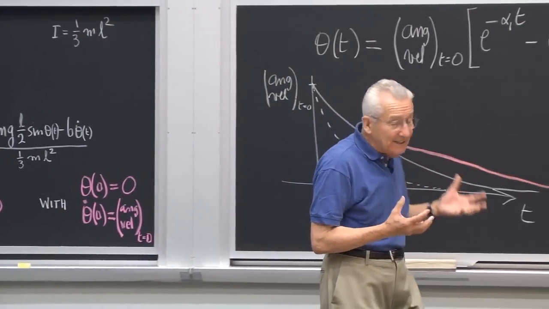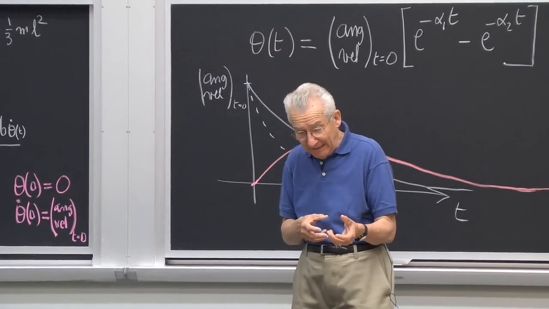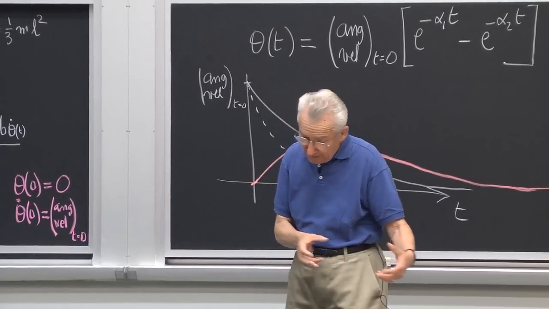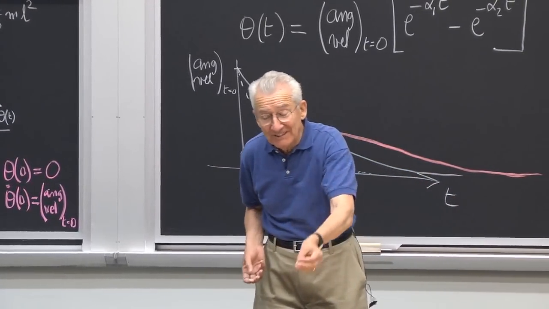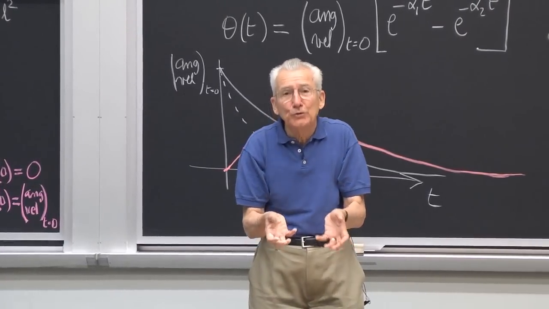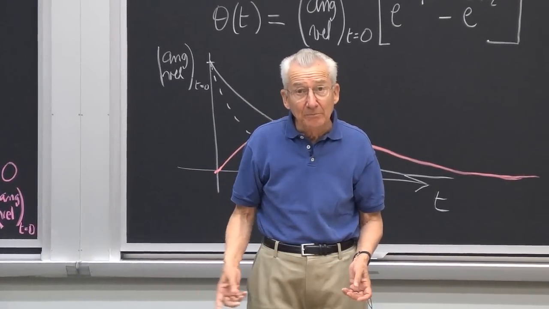So the mathematics has it built in that those two kinds of solutions exist. And that corresponds exactly to what you would expect if you imagine an oscillator with damping.